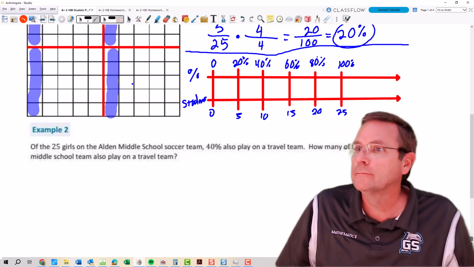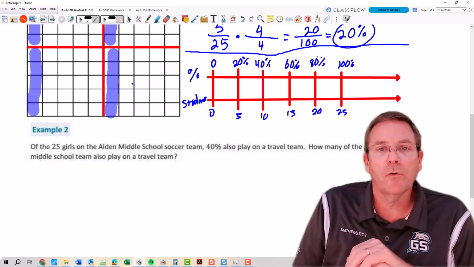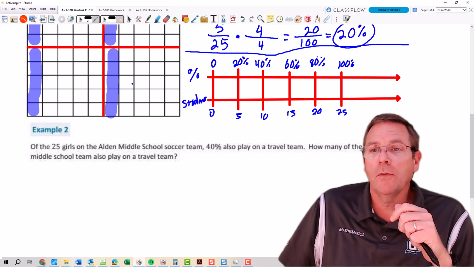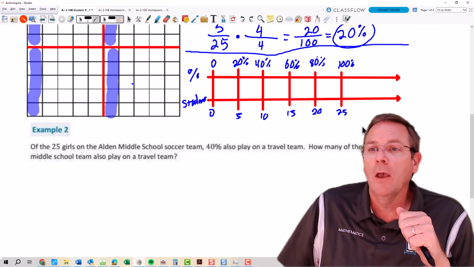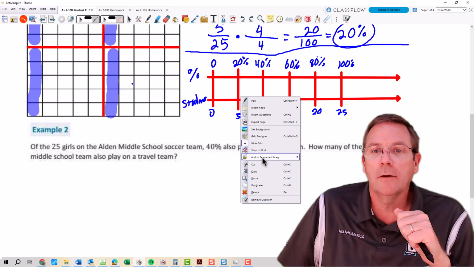Now, for this one, it said that of the 25 girls on the Aden Middle School team, 40% also play on the travel team. How many girls on the middle school team also play on the travel team? Well, I'm just going to copy this piece of work that I did right here.